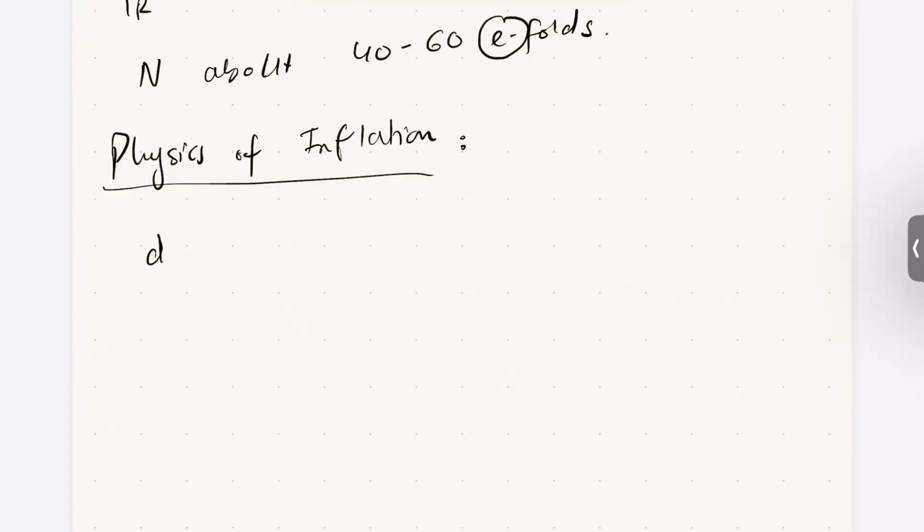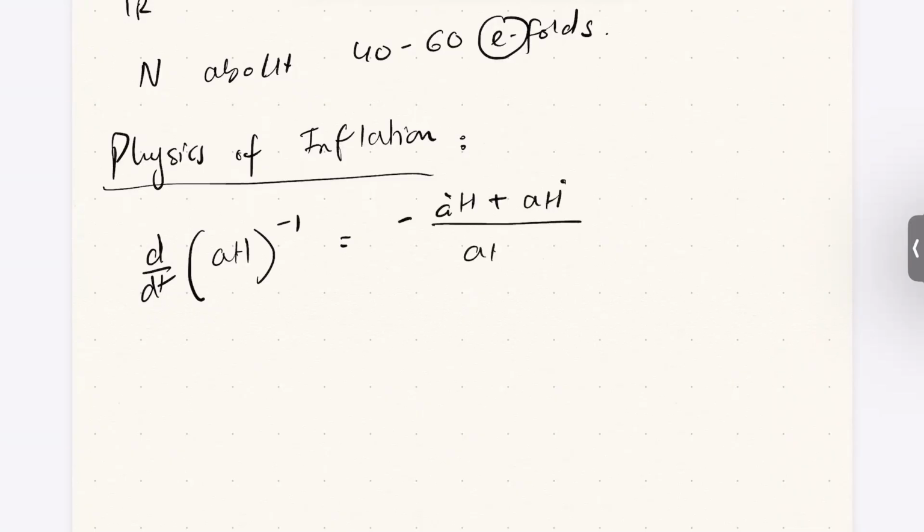So first, let's look at the fact that we have a shrinking Hubble sphere. So again, taking the temporal derivative of the comoving Hubble sphere and working it out. And let me reparameterize this.